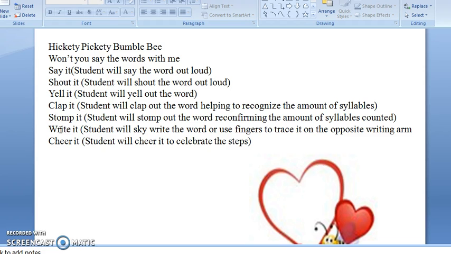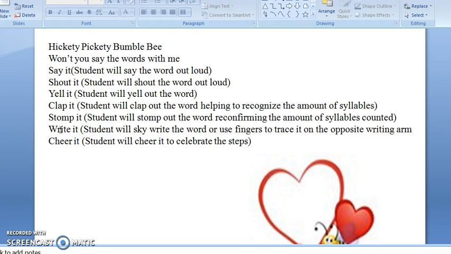In order to write it, students will either use their writing hand and a finger from their writing hand to trace the letters in the sky, or, which we found to be a little more memorizable for the students, they hold out the opposite arm of which they write with, meaning if they write with their right hand, they hold out their left forearm.